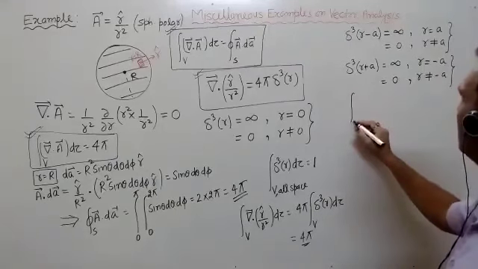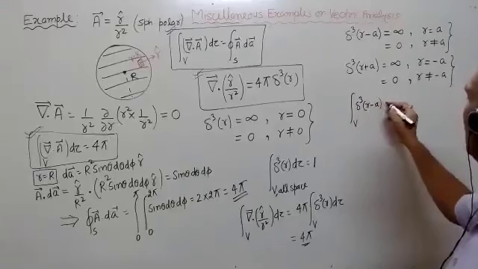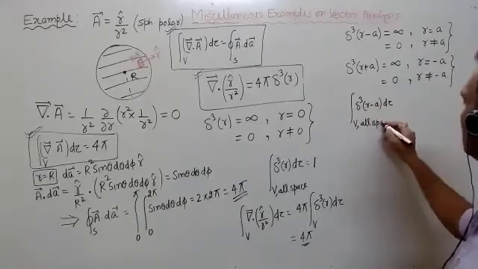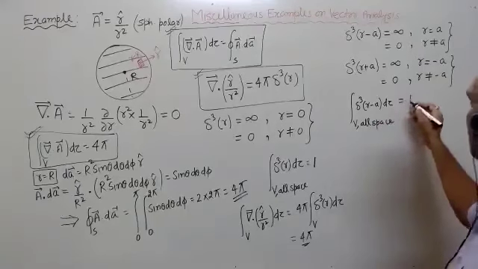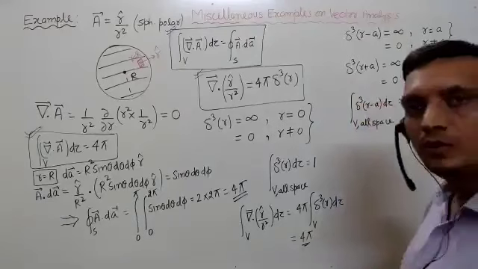Again, the volume integral of delta r minus a d tau over all space. In this case, all space means the integral includes r is equal to a.